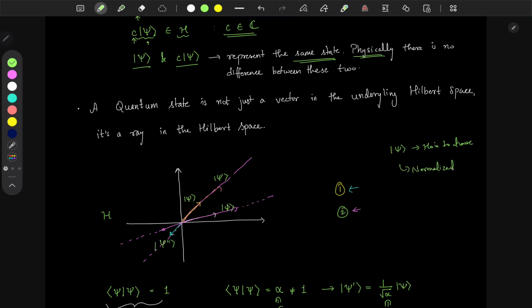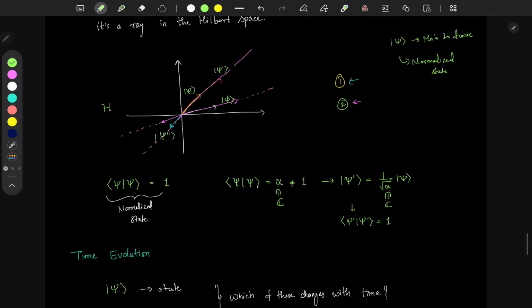Now what I mean by a normalized state: a normalized state is a state psi such that if you take its inner product with itself, the number you get is 1. Any vector psi which satisfies this condition is called a normalized state.